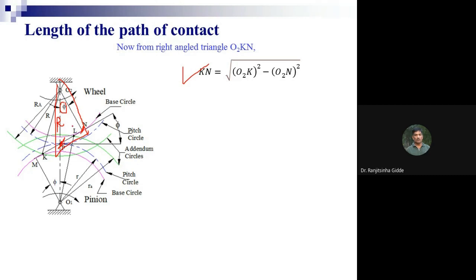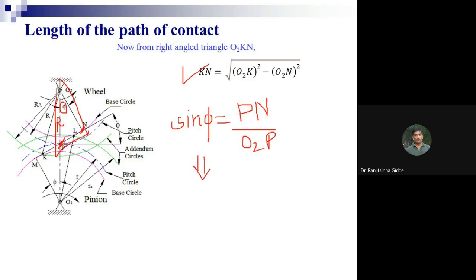And we need to find out the value of this Pn. How to get the value of Pn directly? Just by writing sin phi is equal to Pn, the opposite side, divided by O2P.